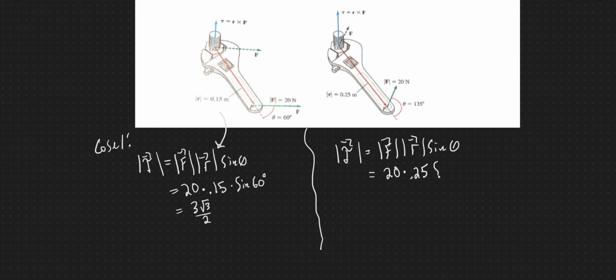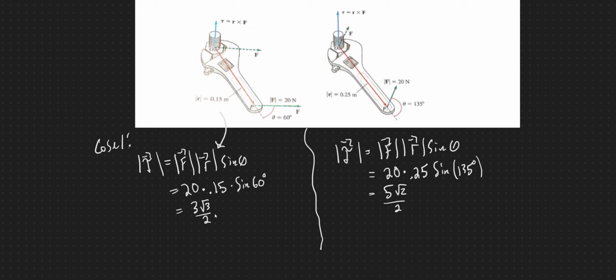And then sine of 135 degrees. 135 degrees is 45 degrees past straight up, and so the sine of that is square root of 2 over 2. So that's 20 times 0.25, which is 5, times square root of 2 over 2. 5 square root of 2 over 2.